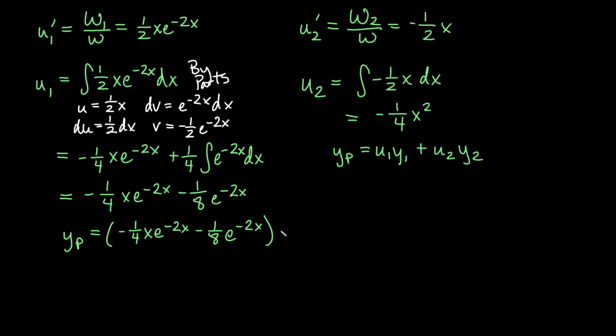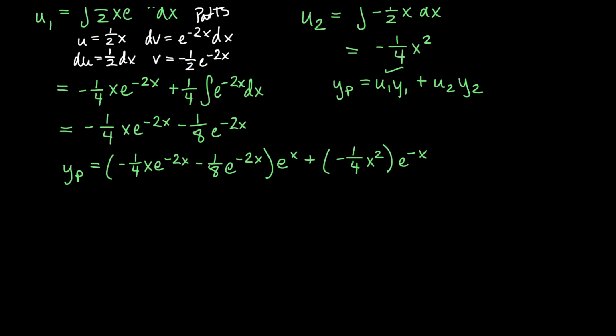All of that times our y1, which is e to the x, so that's our u1 y1 part, plus u2 y2, so plus, here we have negative 1/4 x squared as our u2, and remember our y2 was e to the negative x. And now let's go ahead and attempt to write our general solution here.